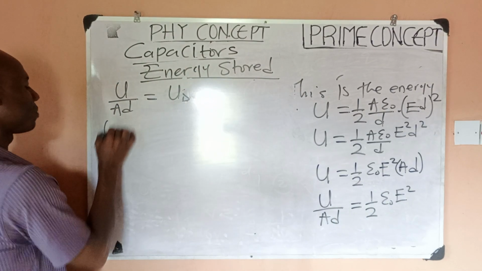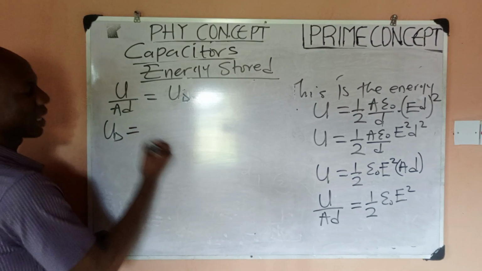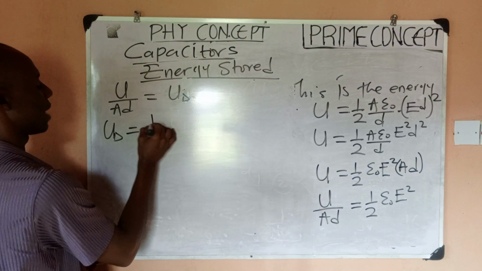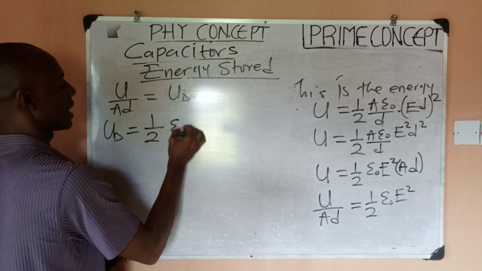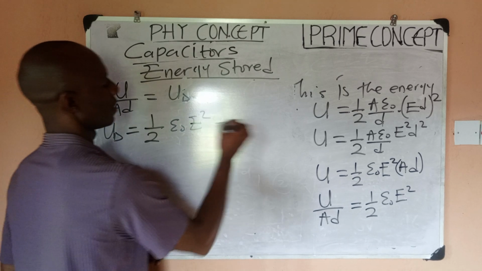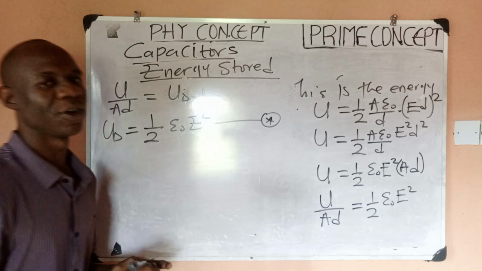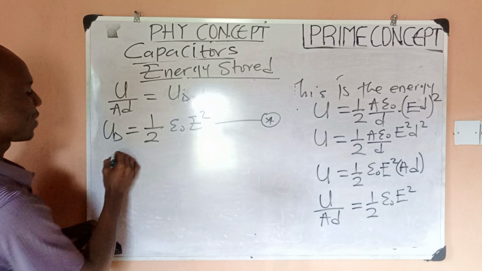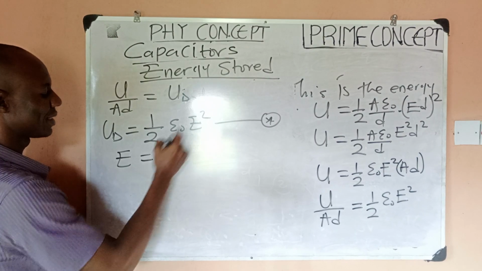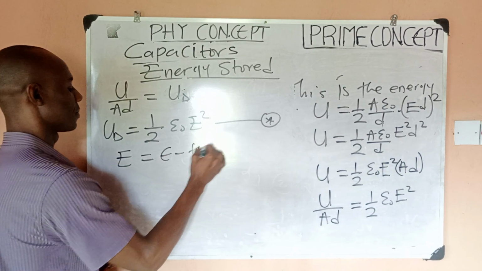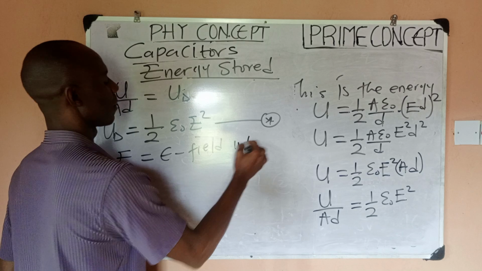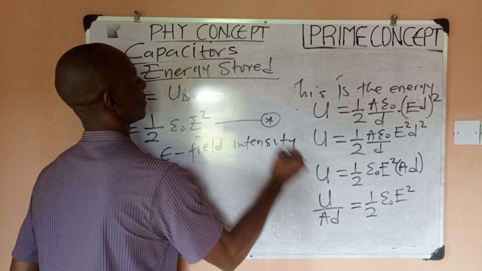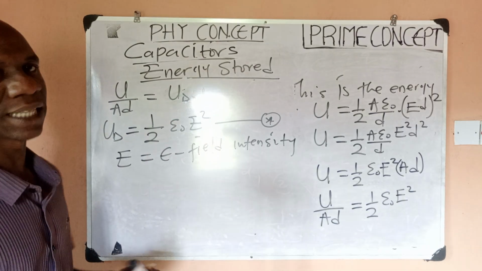So what is our formula for energy density? Our formula for energy density is now half epsilon naught E squared, where E is electric field intensity, right?